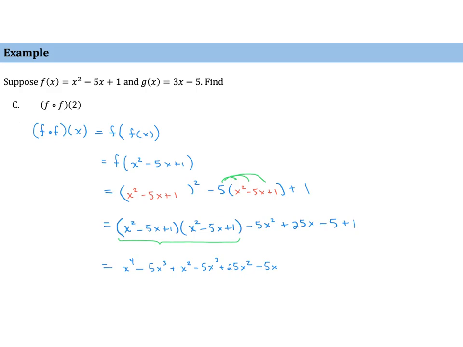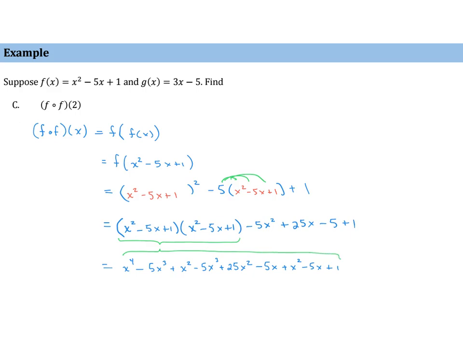And then let's take 1 times each one of those three. So if I take x squared minus 5x plus 1, I get all of this.